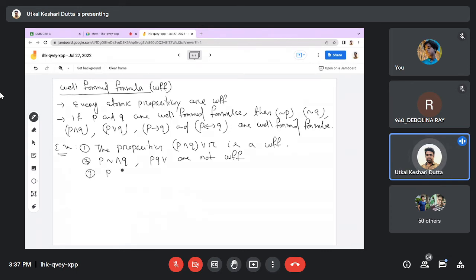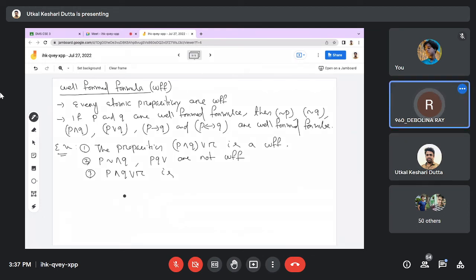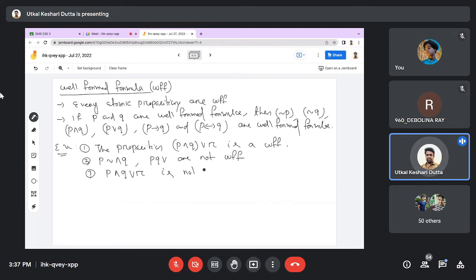Take one more example. The same example I am showing: P conjunction Q disjunction R. Is this a well-formed formula or not? We need to give brackets for that. Bracket is not there, so it is not a well-formed formula.